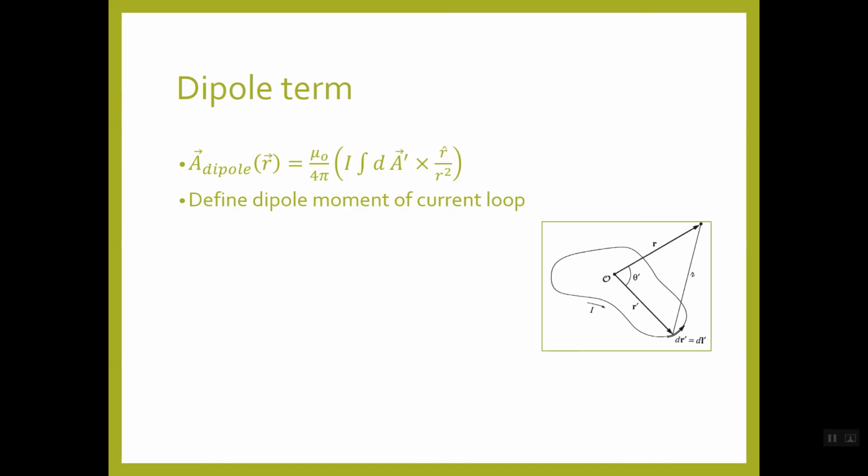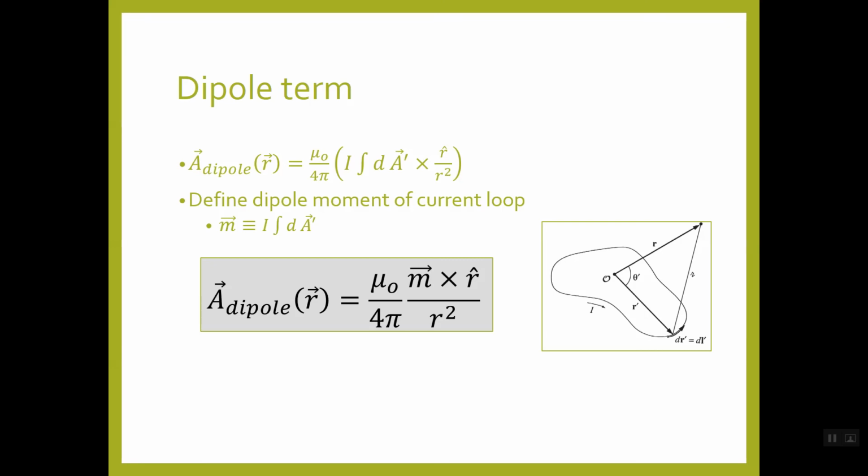Then I'm going to define a new quantity called the dipole moment of the current loop, with symbol little m, defined as I integral da prime. If I plug that in, I get that the dipole term for our magnetic vector potential is mu naught over 4 pi, the magnetic dipole moment m crossed with r hat, over r squared.